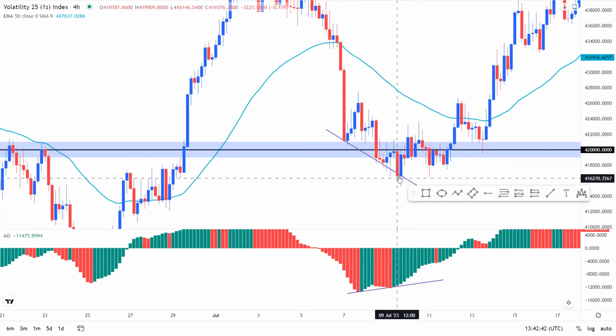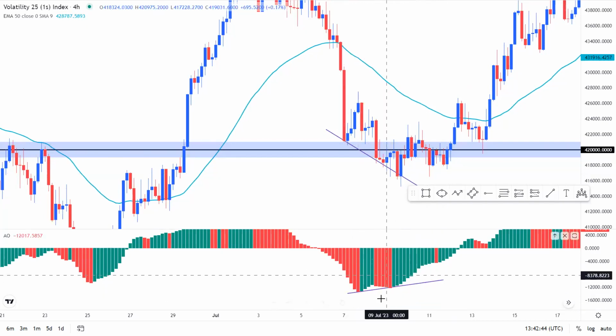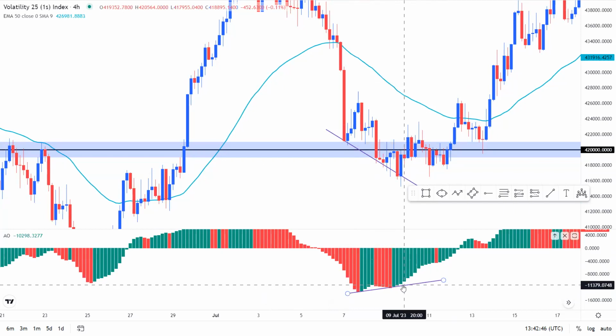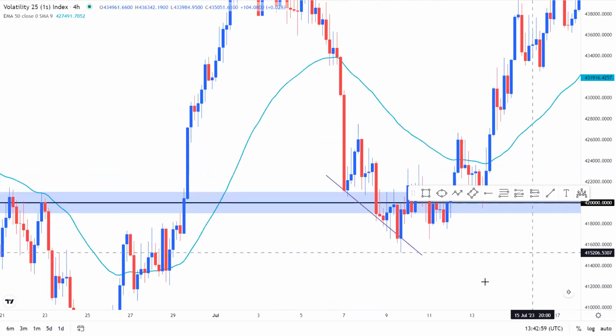So we have a lower low right here, and then the reverse is the case here, a higher low right here. And this is a perfect example of a bullish divergence, which as you know is one reliable reversal pattern.